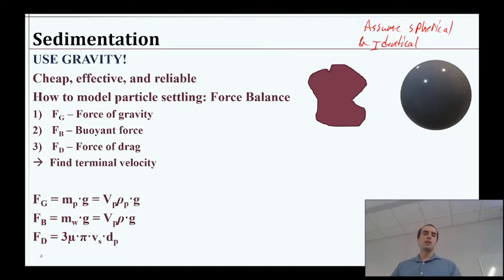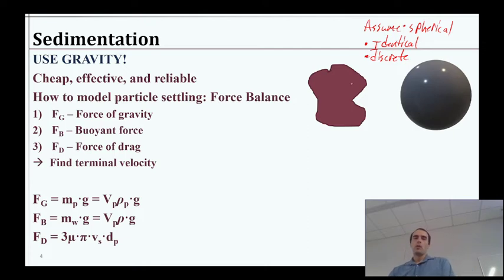We might mention them later. But for now, we're just going to do a simple case, discrete particles. So we'll say assume spherical, identical, and discrete. So until we cause them to stick together by our coagulation, we're assuming they're individual particles hanging out in solution.